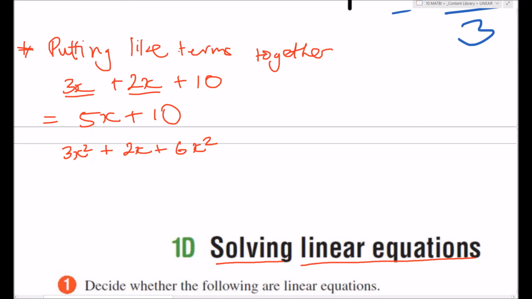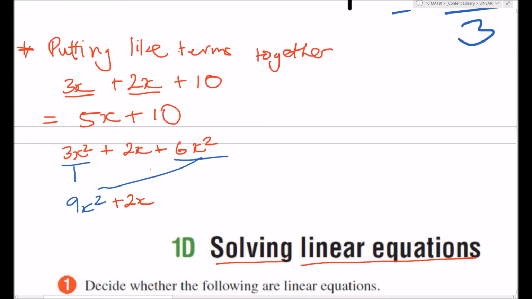So 3x squared and 6x squared are like terms, but 2x is not a like term with 3x squared or 6x squared because that x does not have an index or a power of 2. So when you put them together, 3x squared plus 6x squared equals 9x squared, and you're left with that plus 2x.